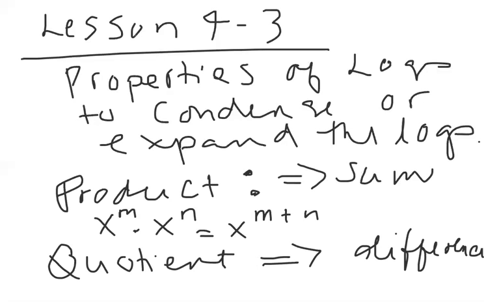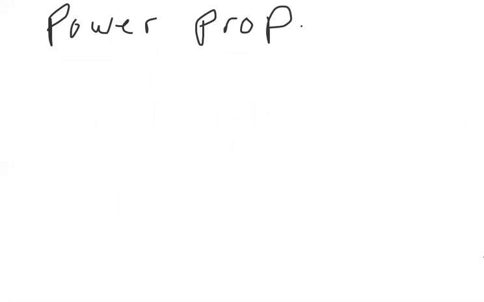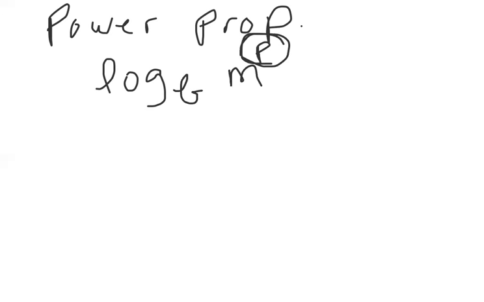Now, the one that I really wanted to get to, guys, is the third one, the power property, because I need this to explain some of the rules from earlier. The power property says this: if you have log base b of m raised to a power p, the power becomes the coefficient of the log.